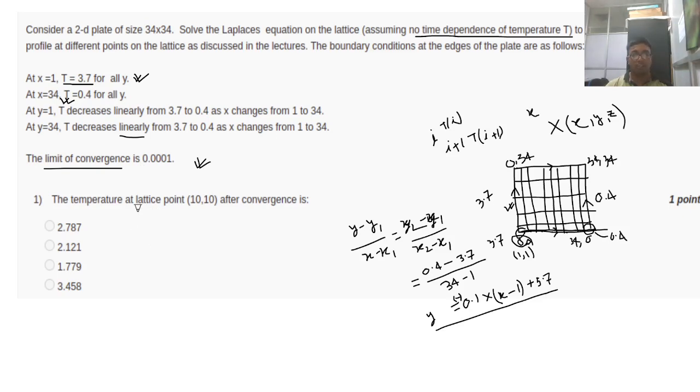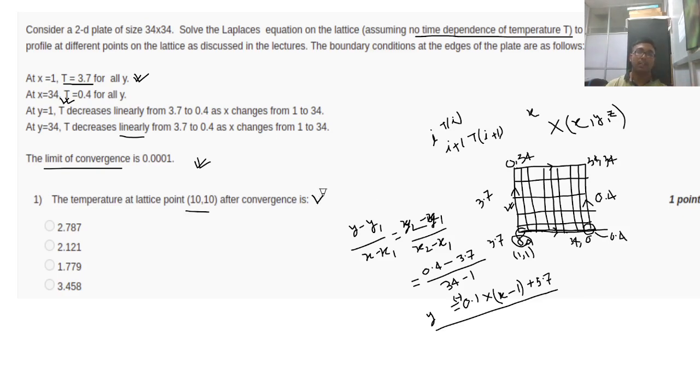We have 4 questions in total, in which we have to calculate the temperature at different lattice points. For example, in the first problem it is 10, 10, and in the other problems the lattice points are just changed. We have to calculate the temperature at those lattice points after convergence.